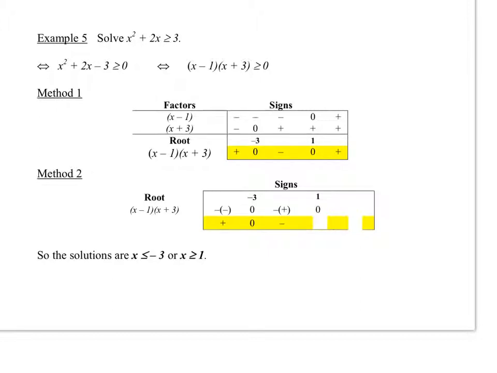For 1, we're going to end up with 0, and any value that's to the right of 1 is going to be a positive times a positive, because if we plug in any value bigger than 1, for example 2, we'll have a positive times a positive, and what we should get is a positive. Again, we've got a positive over here, and a positive over here, giving us these solutions.